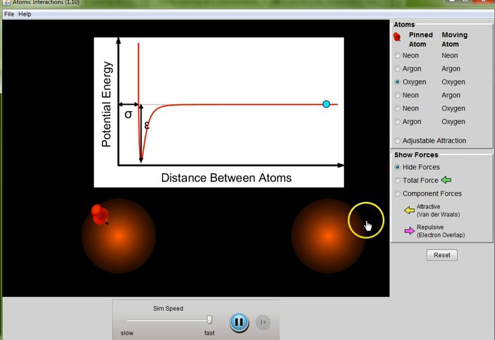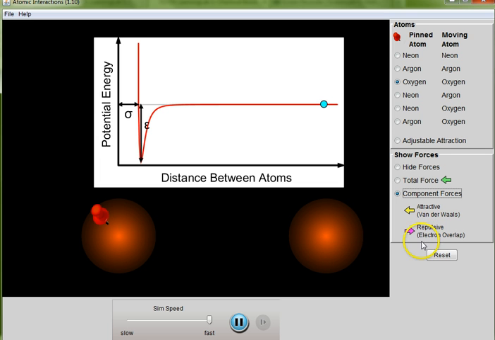Now what we'll do is select show forces, and then component forces. There are two types of forces: the attractive forces that we talked about in class, and also repulsive forces.